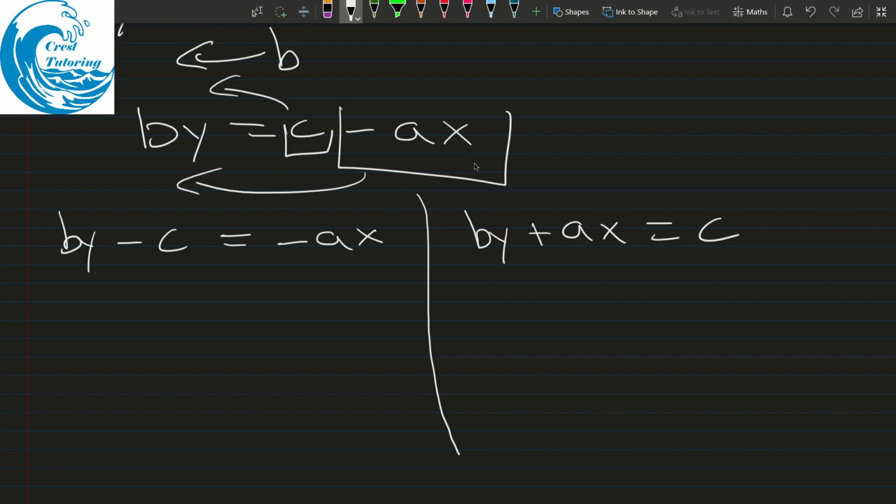So for this one on the left hand side, the last step that you have to do is bring across the minus a and make it divide. If I bring that across, I have (by minus c) divided by minus a equals x, and that's a valid answer.